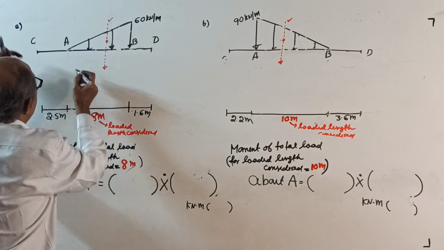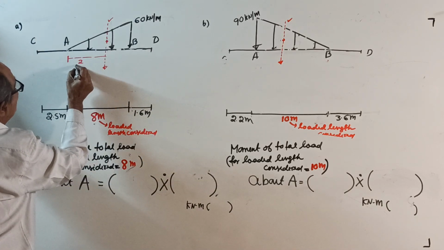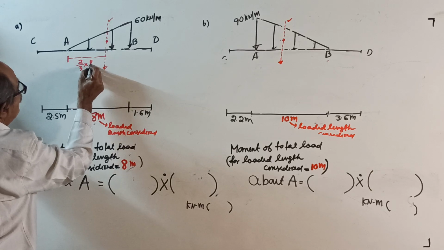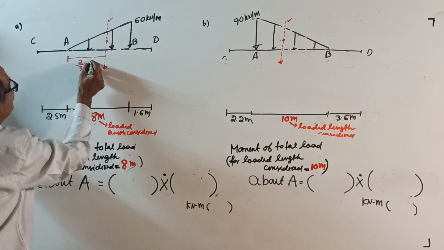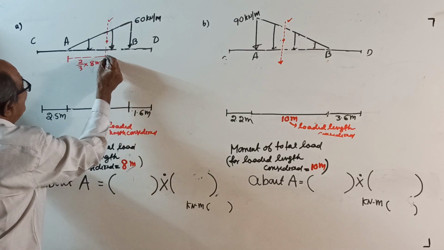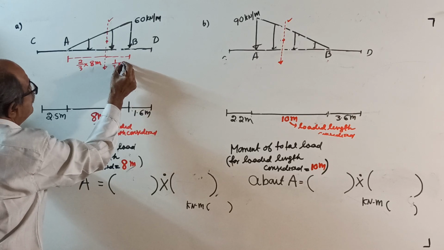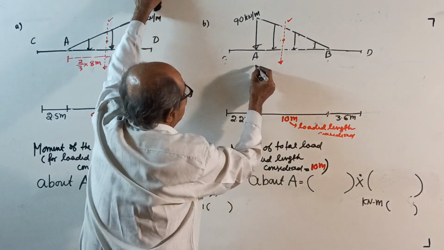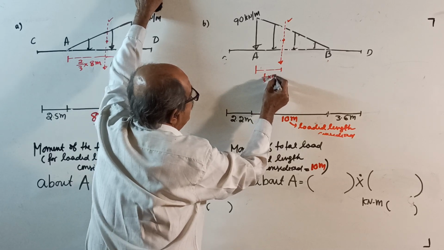Then, again, light line, using pencil, 2/3 of 8 meter, not L naught now. This is 1 by 3 of 8 meter. Here, 1 by 3 of 10 meter.